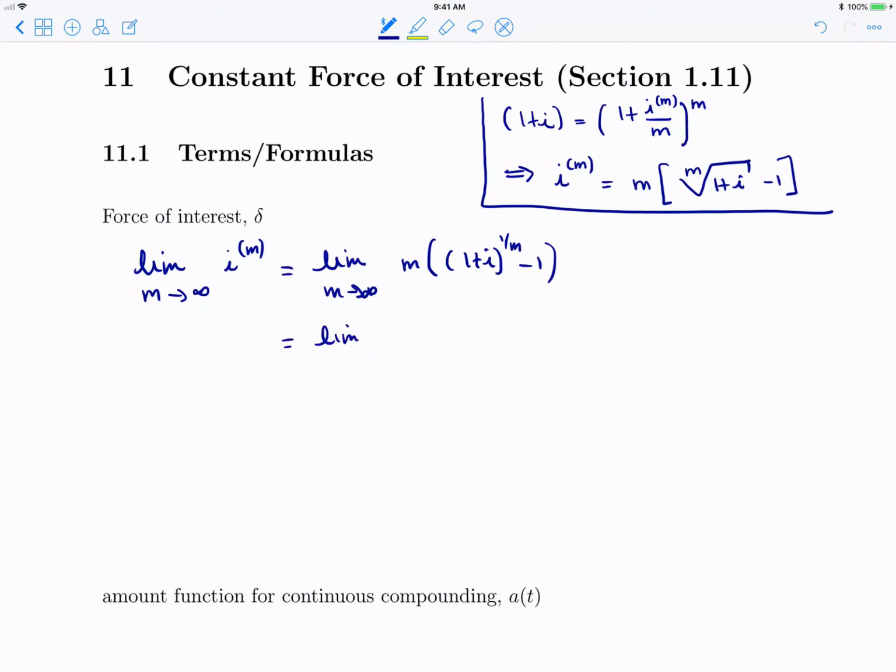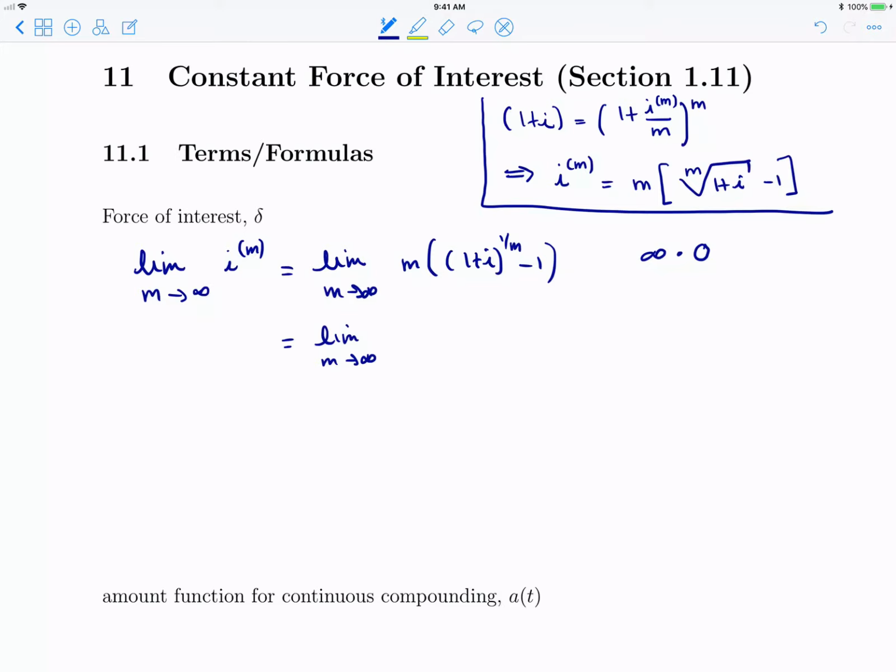And just rearranging a little bit. So right now if you plug in infinity, I know we can't really plug in infinity, but think about plugging in infinity, you would get infinity times 1 over infinity, which is essentially 0. So you have a value to the 0, which is 1. 1 minus 1 is 0. So you really have infinity times 0.